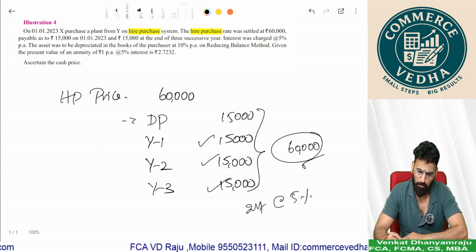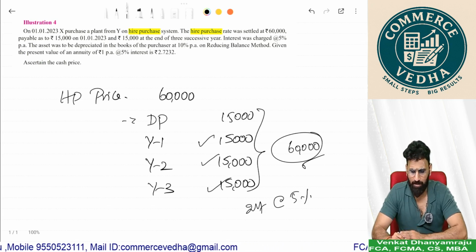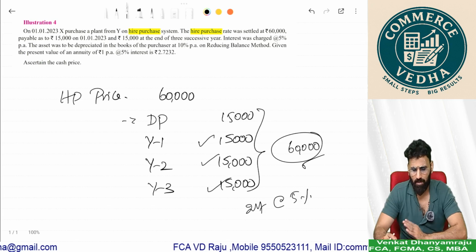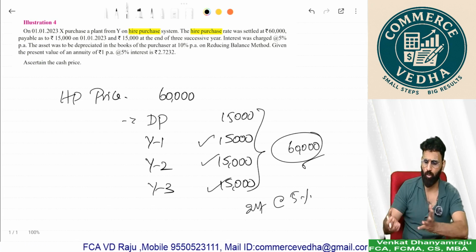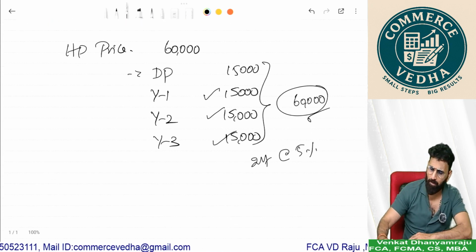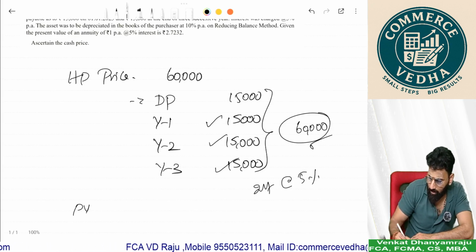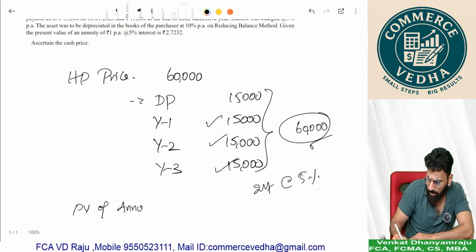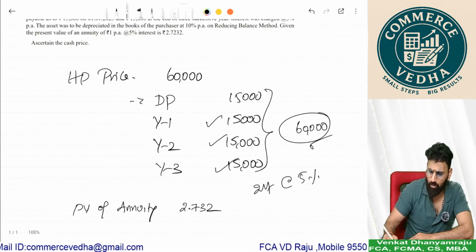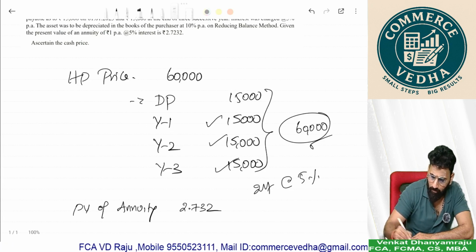Right. Now the asset was depreciated in the books at 10%, reducing balance method, given present value of annuity at 5%. Compute interest. So we don't know how to compute this. We can compute in many ways, but the simple way is: present value of annuity is 2.7232.